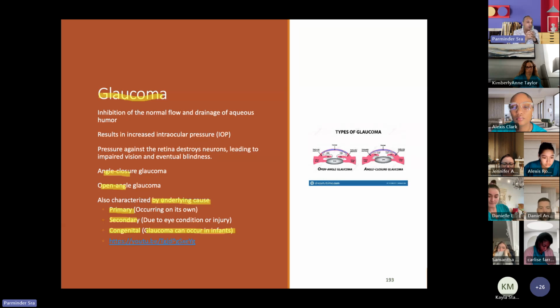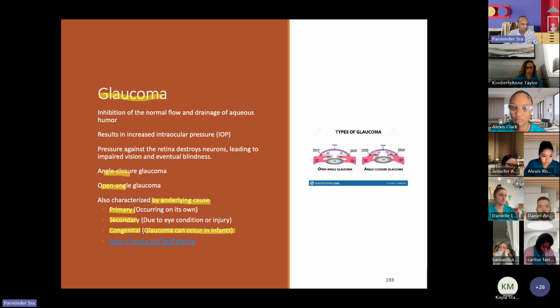And then there is normal tension glaucoma, where the nerve damage occurs despite the normal intraocular pressure. And then there's secondary glaucoma, which develops as a result of a different eye condition, something like an injury, inflammation, a tumor, or something else. But the main focus here is one separate thing, which is congenital, and then these two main ones, open angle and closed angle.